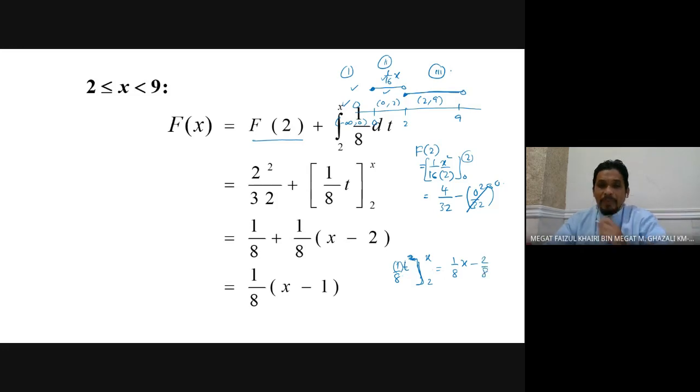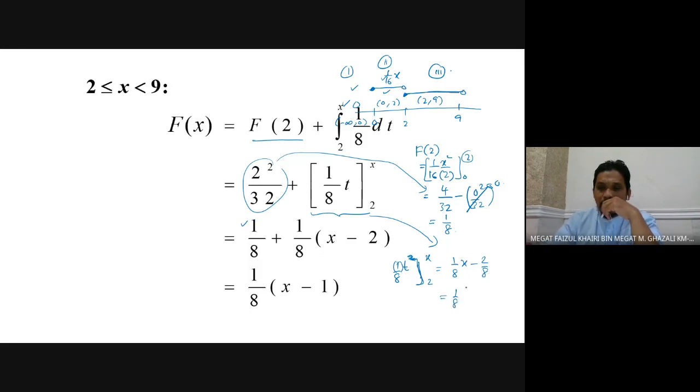So the first part is all here, and this one is all here. Then 4 over 32 divided by 4 equal to 1 over 8. There you go. And then plus 1 over 8 and 2 over 8 here.